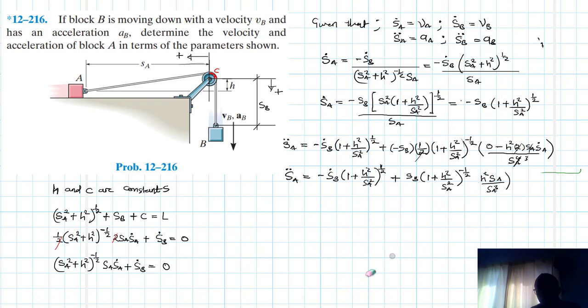Right, so that's about it. Let's work out now to write this. So we have VA now using this equation.